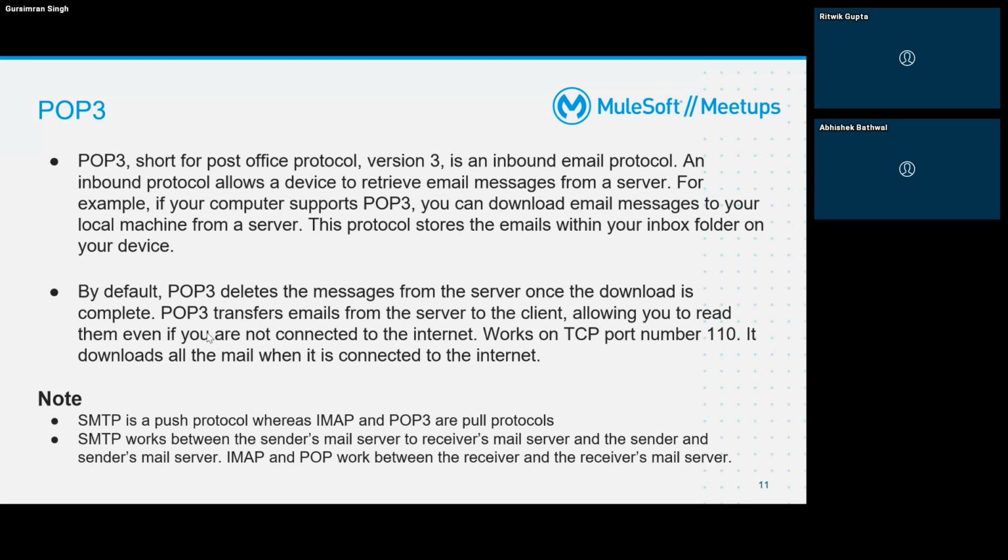So now, does anyone have any doubt? I think someone might have the doubt: if both IMAP and POP3 are used for retrieving email, in which case will we use which? So if anyone wants to answer, in which case will we use IMAP and in which case will we use POP3?